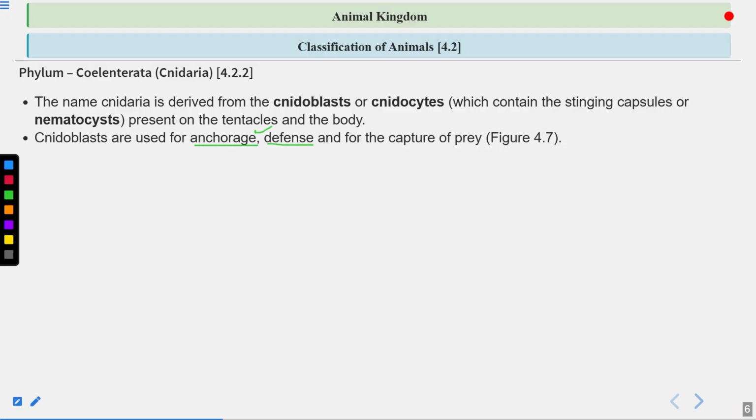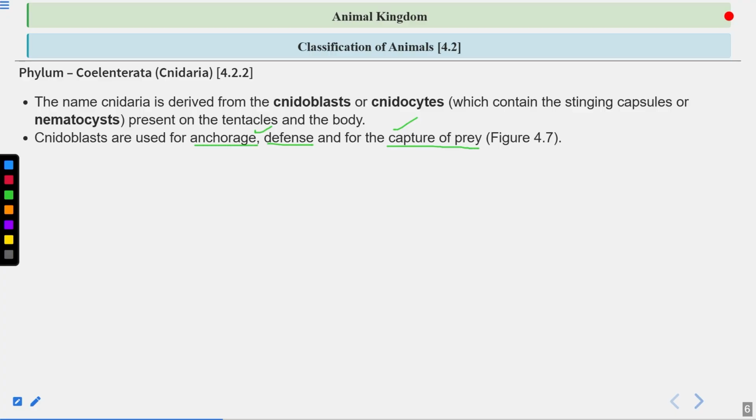Sometimes an enemy of the organism comes that could harm the cnidarian, so these stinging cells, the cnidocytes or cnidoblast cells, help them as a defense. And sometimes they also capture their prey with the help of these cnidoblast cells.